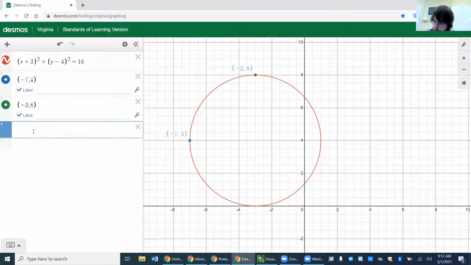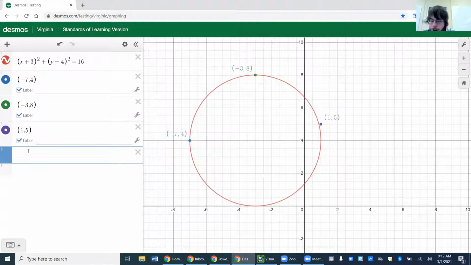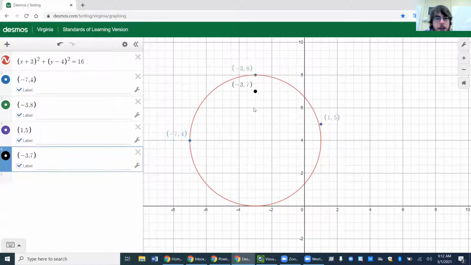All right, let's look at the next one, 1, 5. It's almost there, but not quite. So 1, 5, we cannot say lies on the circle. Moving on to -3, 7. It's inside the circle, but you want the ones that lie on the circle.